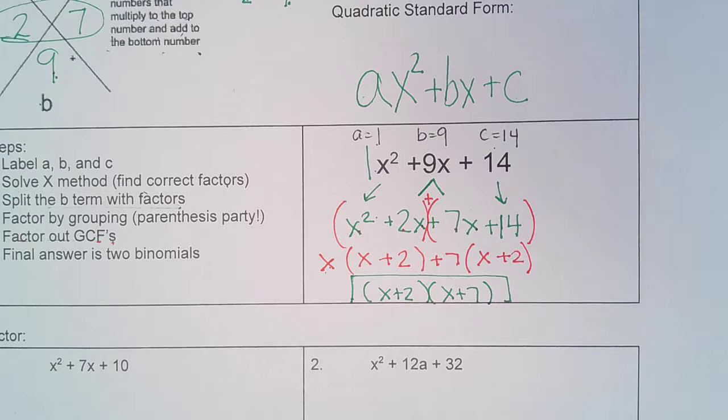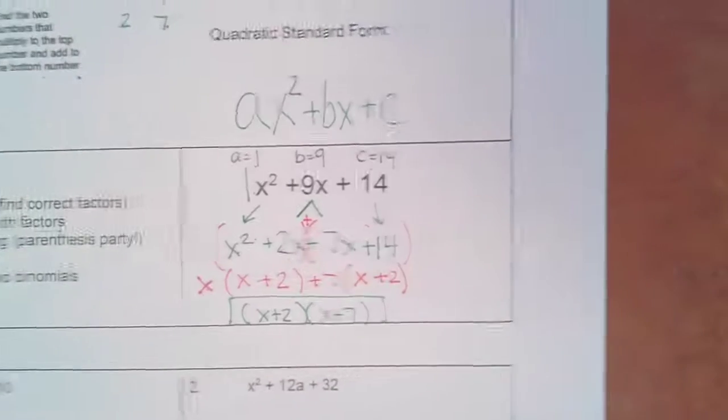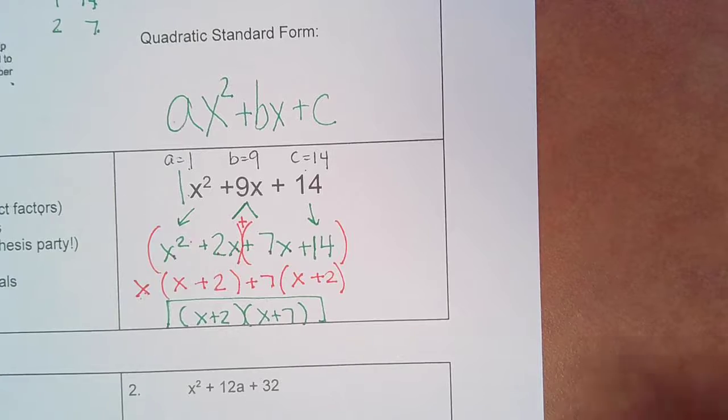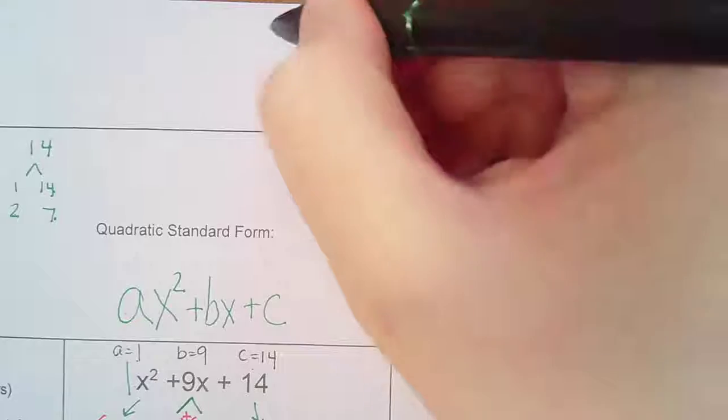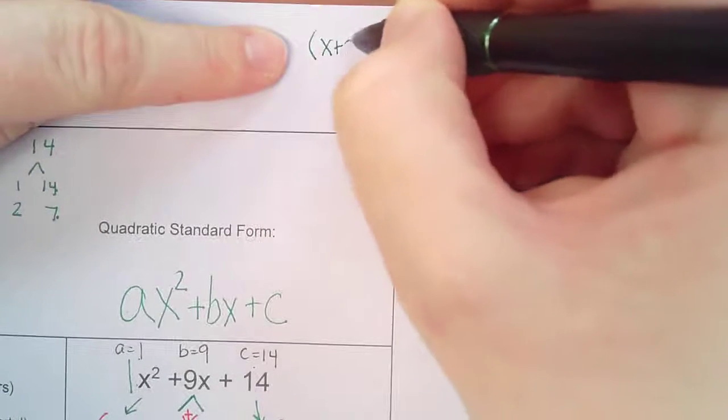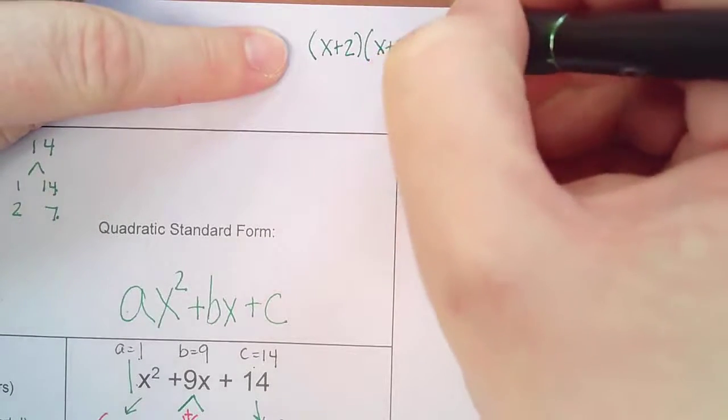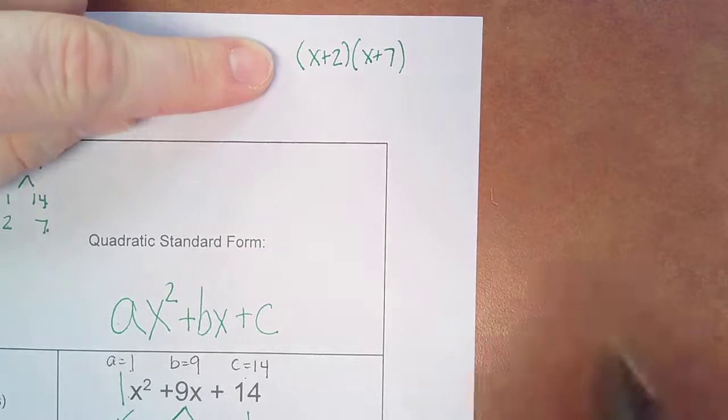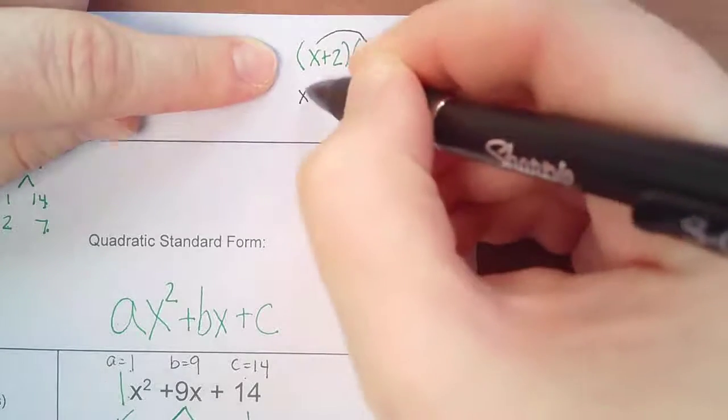Now let me show you checking this, and this is not something that you have to do for your homework, but I want to show you how you can check your answer. So if I were to check this, I will write it at the top here. x plus 2 times x plus 7. We do what we learned last unit. X times x is x squared.